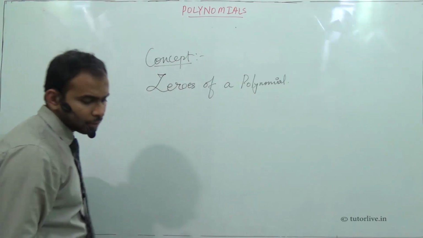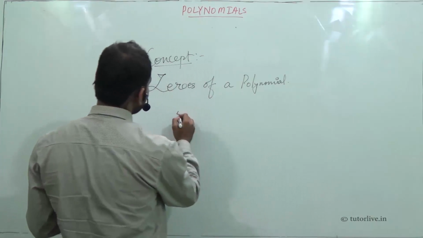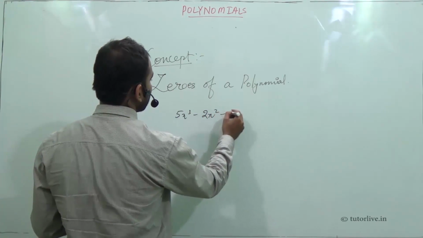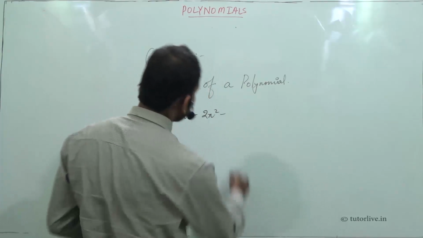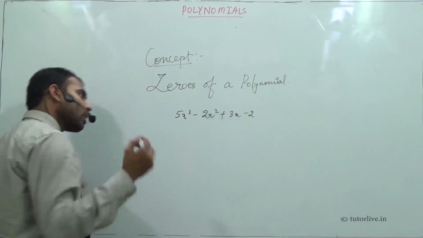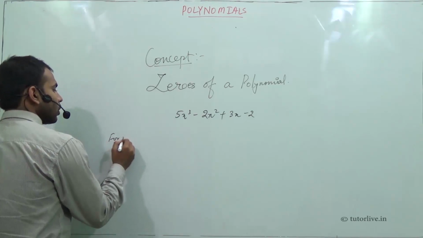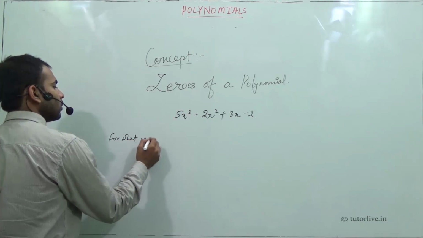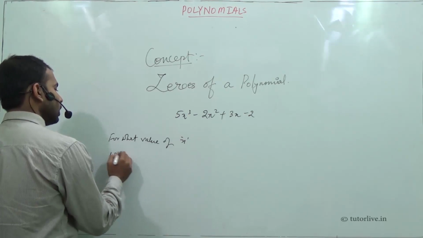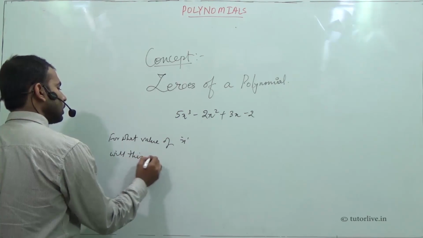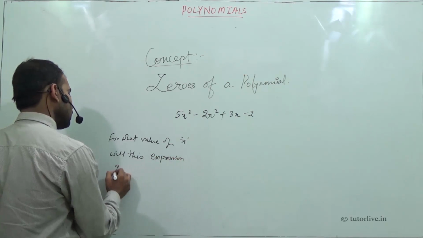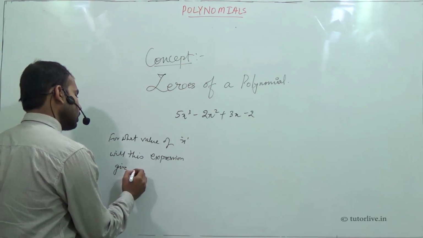Let's say we take any expression 5x cube minus 2x square plus 3x minus 2. For what value of x will this expression give 0?